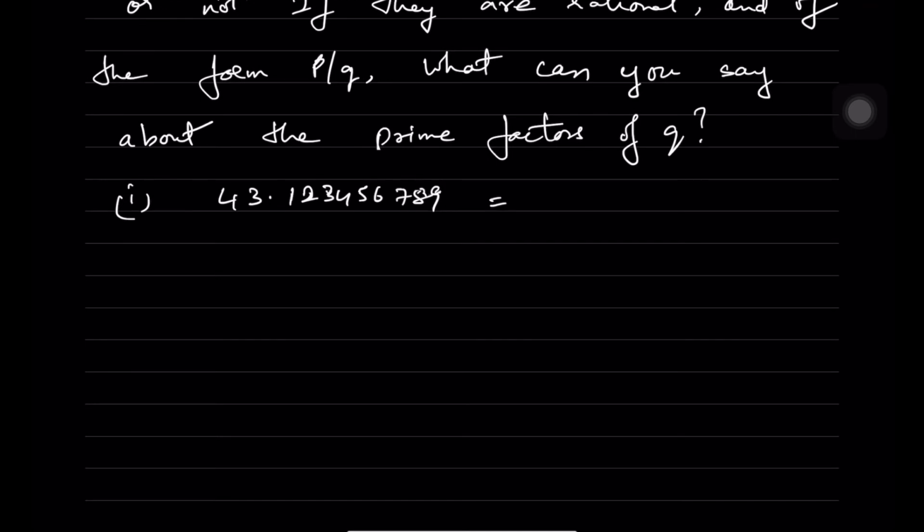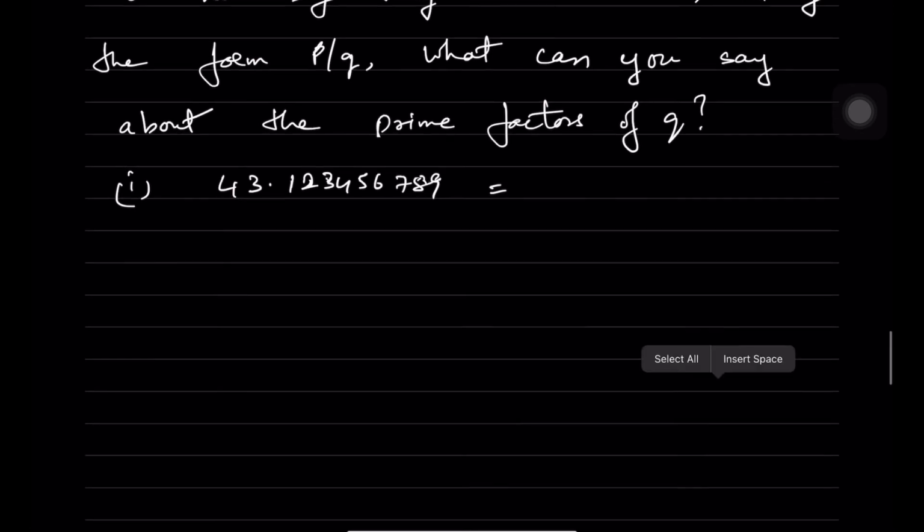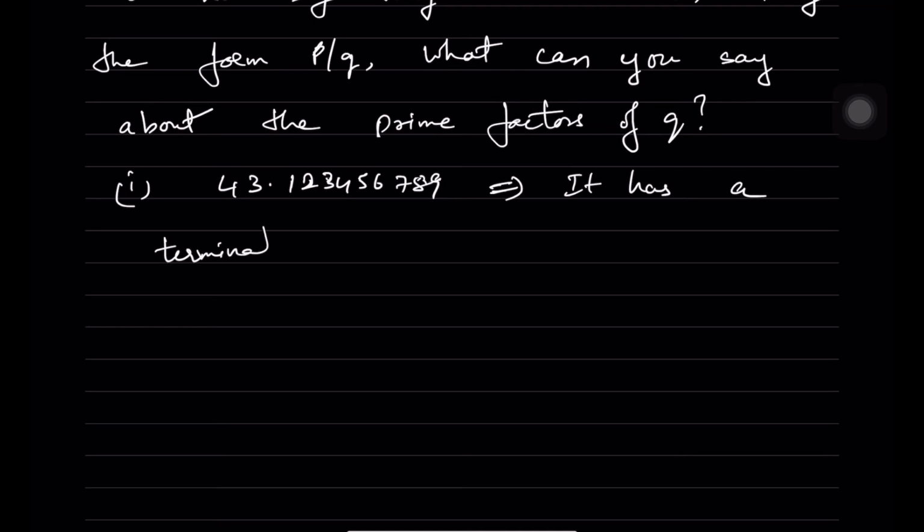So we can write the first one, 43.12345678. Now this is a terminating decimal expansion. You can see clearly because it has ended over here. So you can tell that it has a terminating decimal expansion.